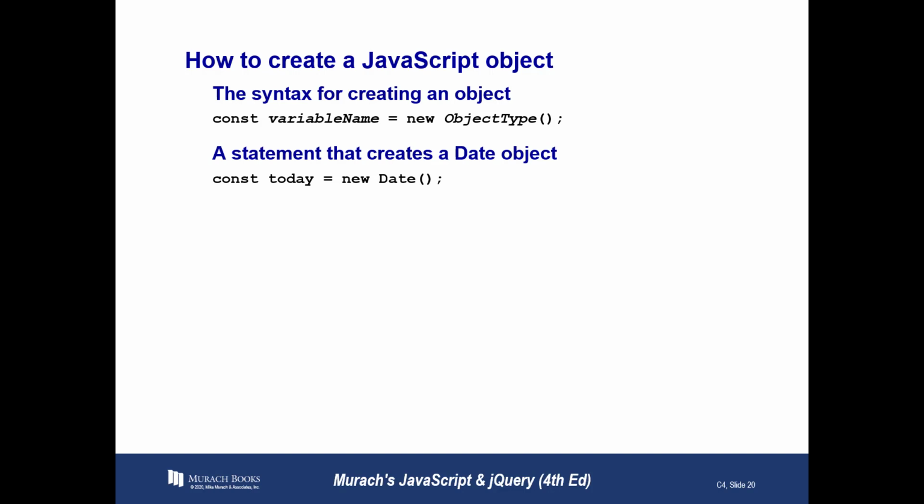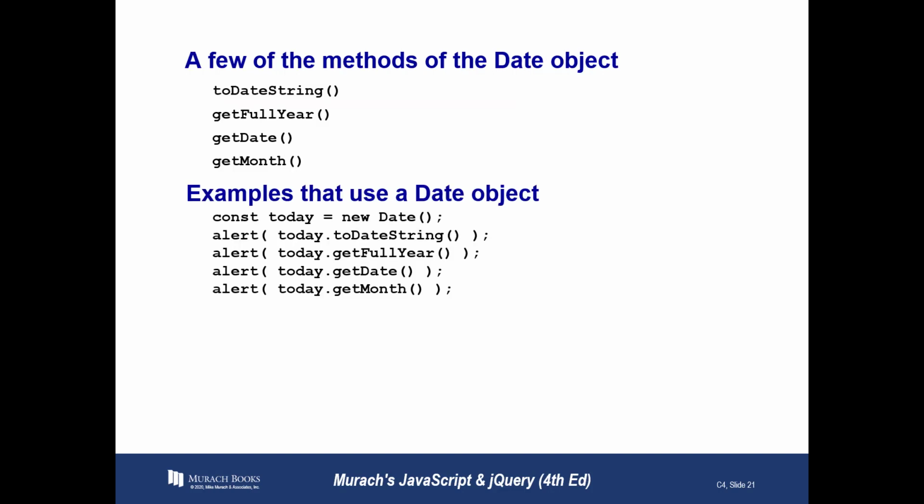And almost always you use the new operator. So you can see that we're using it both in the syntax example up above and the actual instantiating of a date a little bit down below. The date object mentioned right here has some interesting properties. You can pluck out just about any portion of it you want.